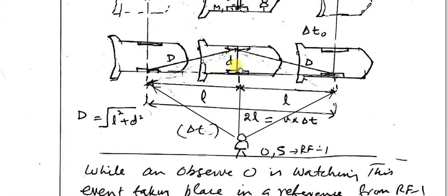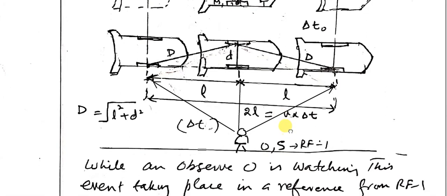So let L be the distance here, and d be the hypotenuse. It's a right-angled triangle, as we can see. So d is given by the square root of L squared plus d squared, and this is 2d. And v times t is 2L, that is L plus L, so 2L is equal to v times delta t.